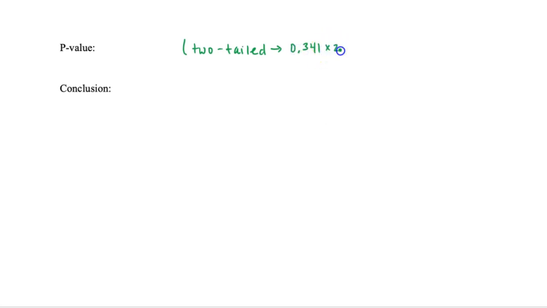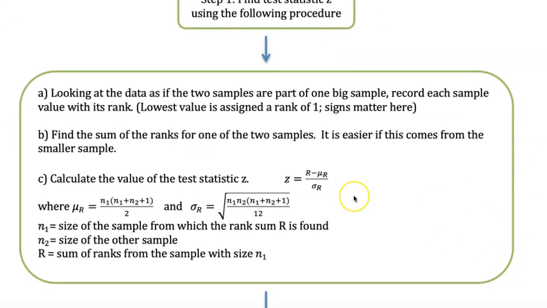I'm multiplying this by 2 to get 0.682. And so my p-value is 0.682. We can see that this is a very large p-value.